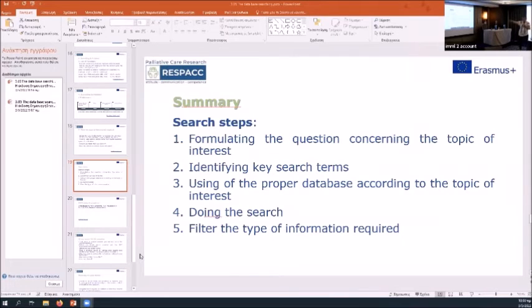We refine the question, and then we identify the key search terms. We think about what is the proper database. We do the search, and then we filter the information to a manageable amount. And then we look, is that information really applicable to my practice, or is it relevant? And then it's the reading and deciding on what we keep and what we don't keep.